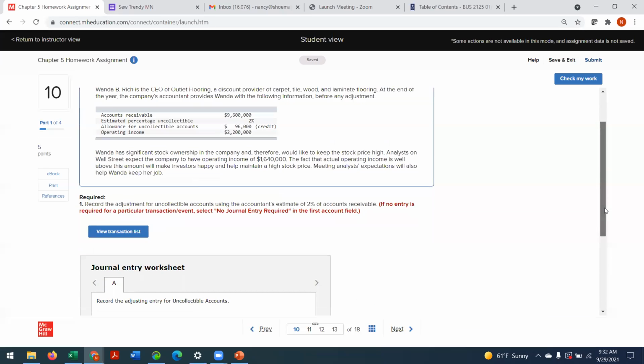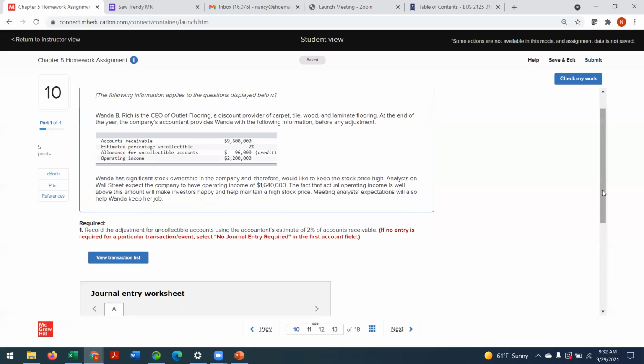How do we record the adjustment to show the bad debt expense and the allowance for uncollectibles? Take a couple minutes and think about it, remembering, guys, that the balance showing allowance for uncollectible accounts of 96,000 matters. Take a minute and then we'll work it together.